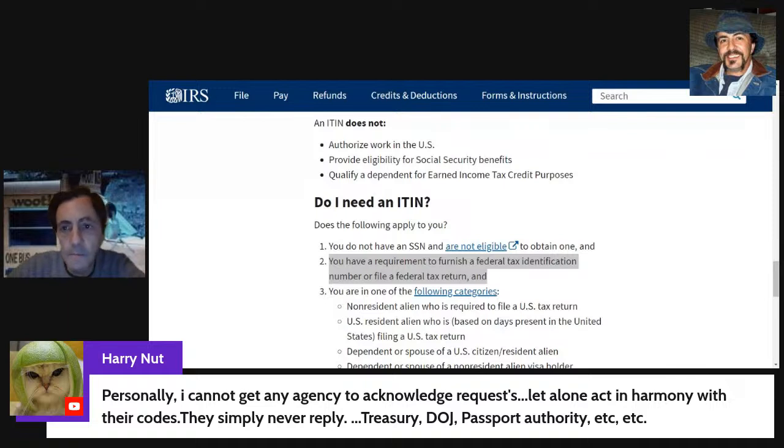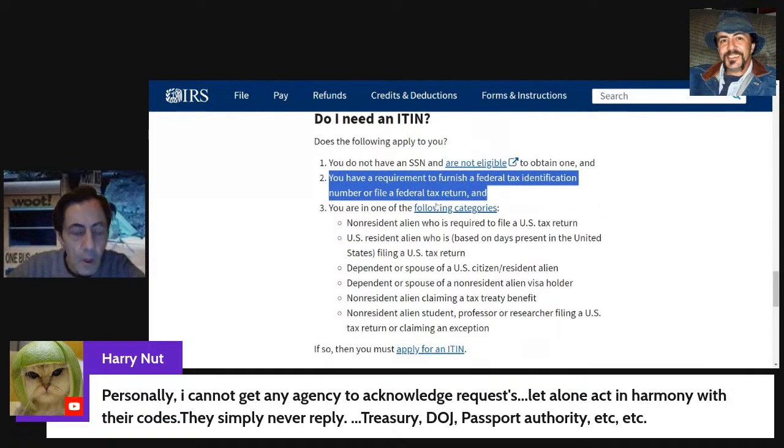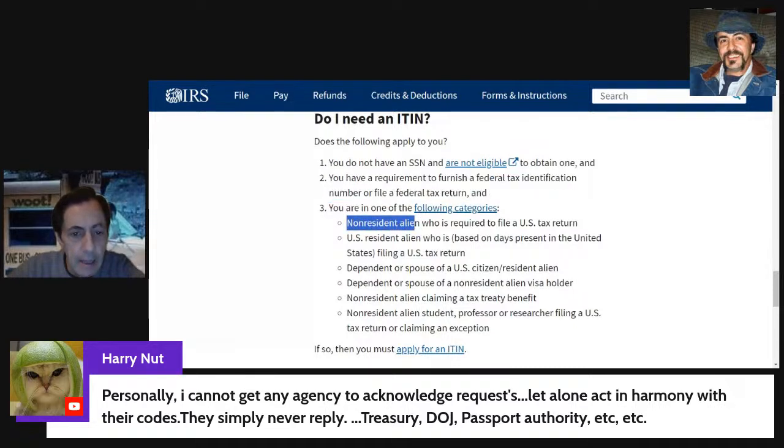The next one: you are in one of the following categories: non-resident alien who is required to file a U.S. tax return. You cannot be required to file a U.S. tax return unless you have said business records to support the taxing operations.